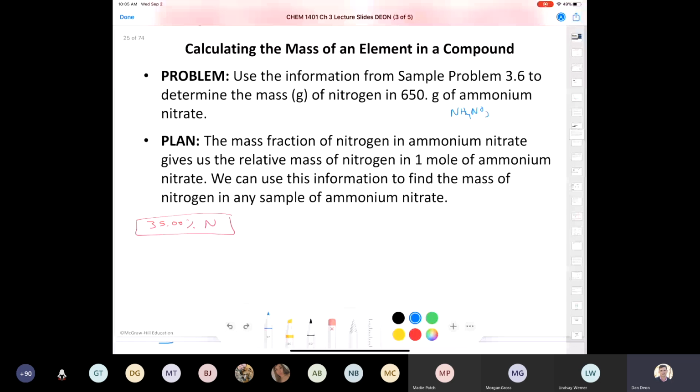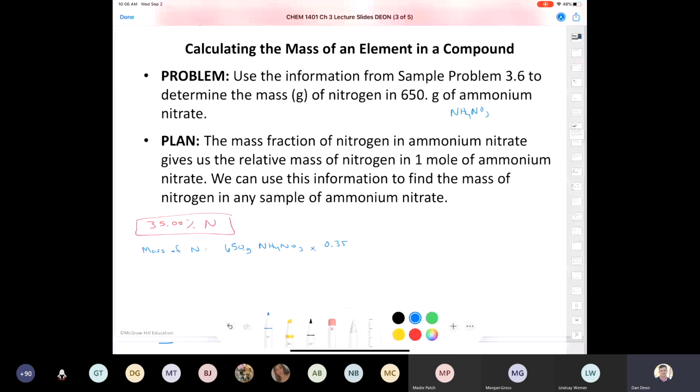So all I have to do, if I want to determine the mass of nitrogen, is take my 650 grams, I'm going to put the decimal in there, so there's 3 sig figs, of ammonium nitrate, multiplied by 0.3500 grams of nitrogen in 1 gram of ammonium nitrate.